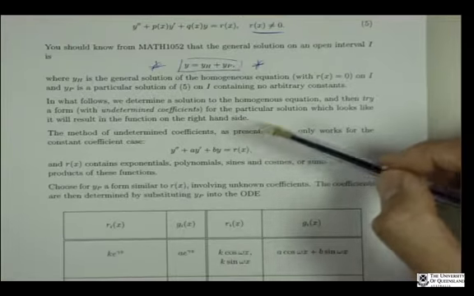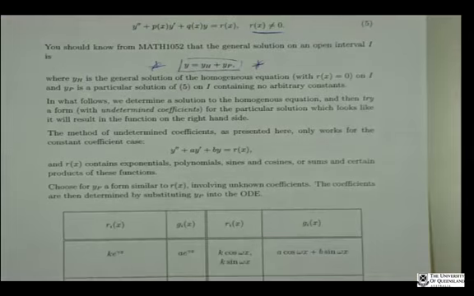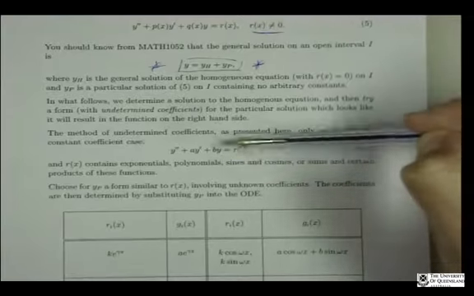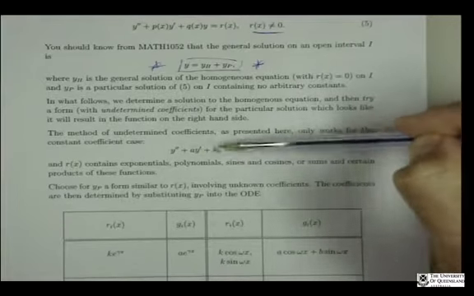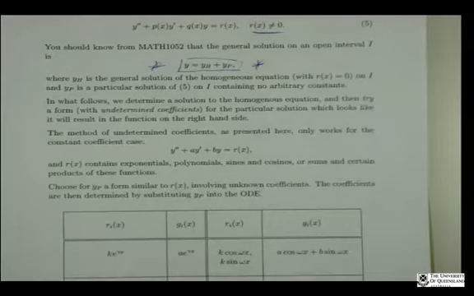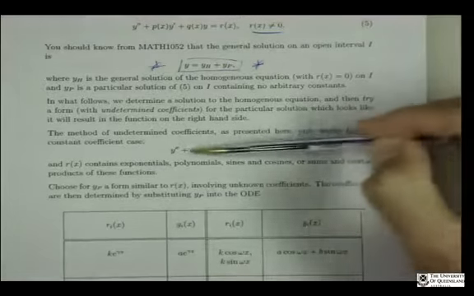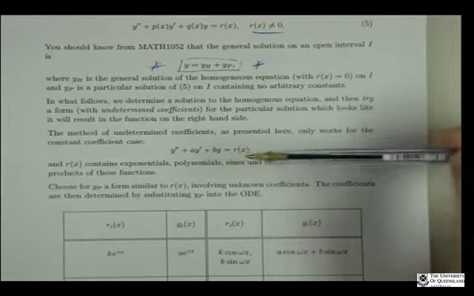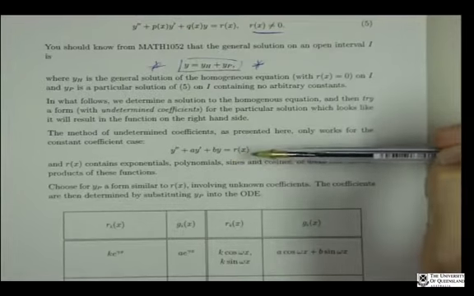But if it's an exponential function that does not occur in the homogeneous solution, because we've got the first derivative and the second derivative, we're just going to end up with some linear combination of that exponential function back again. So if you substitute an exponential function into the left-hand side, you end up with an exponential function, unless it occurs in the homogeneous solution.